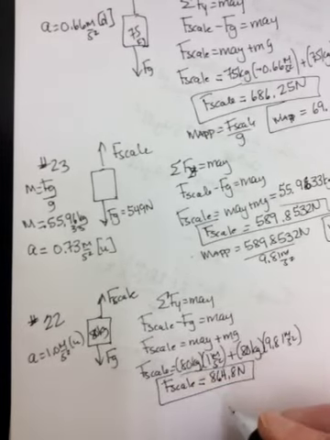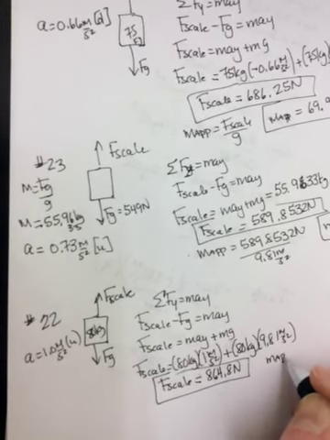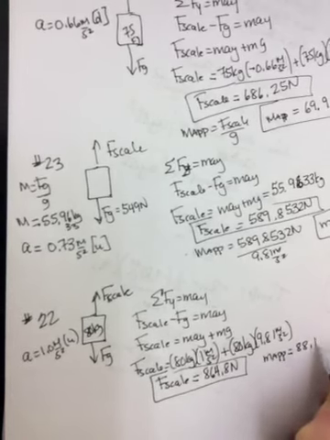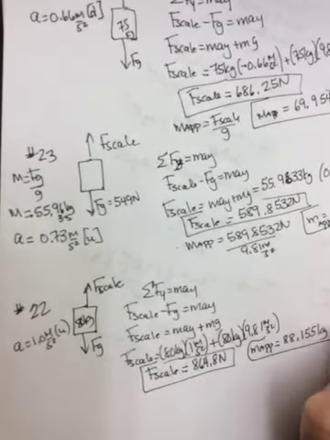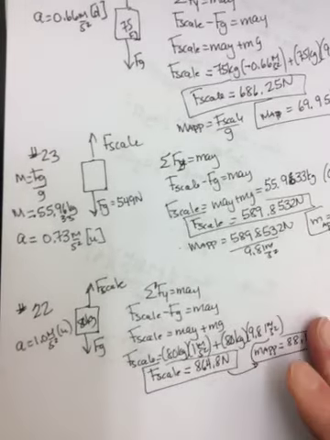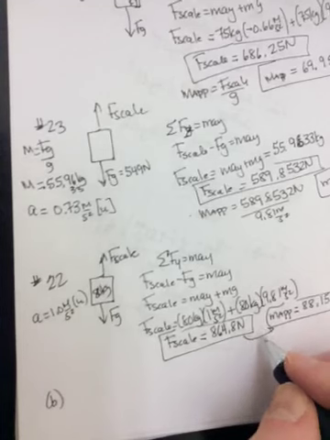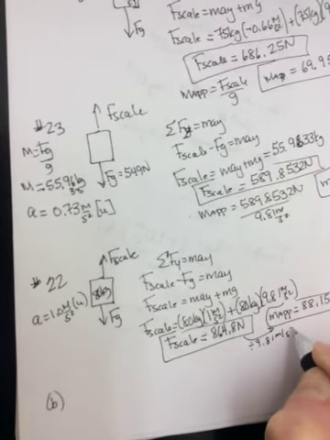That's the apparent weight. The apparent mass will just be that number divided by 9.81, and you should get 88.155 kilograms. You should show me the work, but I don't want to run out of time, and I'm trusting that you know I divided by 9.81 meters per second squared here.